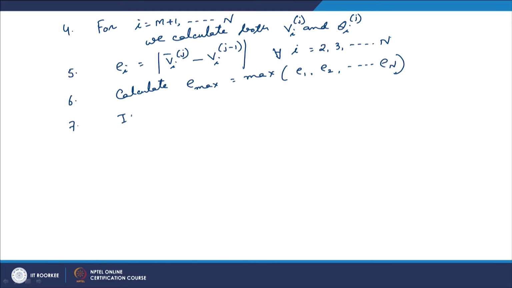If converged, stop, else j is equal to j plus 1 and go to step 3. This is what we have basically discussed here.